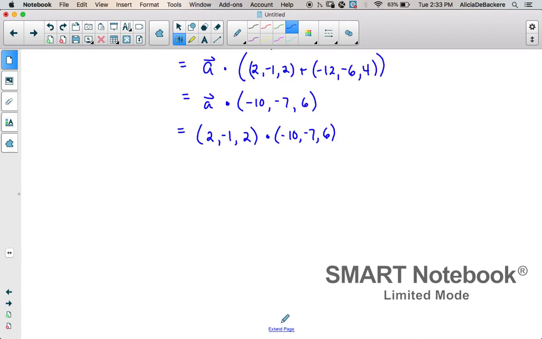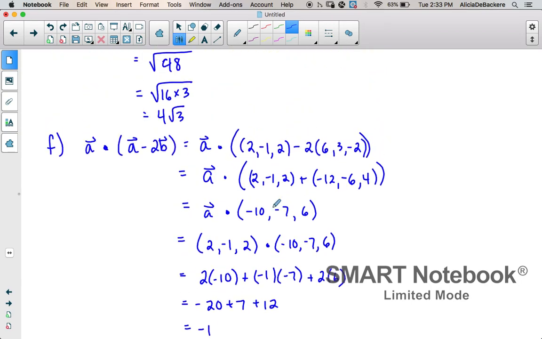Remember, for the dot product, I'm multiplying the matching coordinates or components and then adding up. And so I get 19 over here and negative 20, so negative 1 altogether.